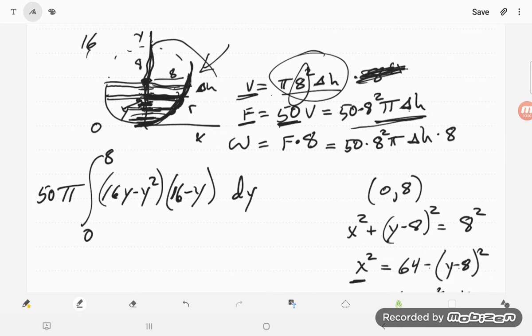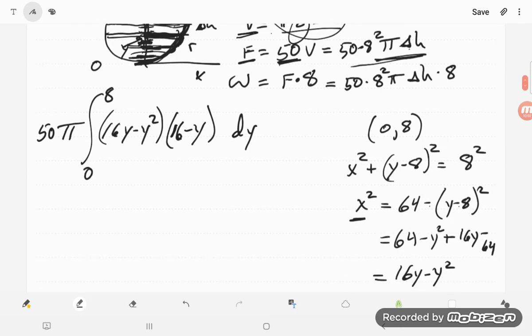That's what I have. And this is just a power rule if I multiply everything out. So this is equal to 50 pi, integral from 0 to 8. 16 times 16 is 256y.